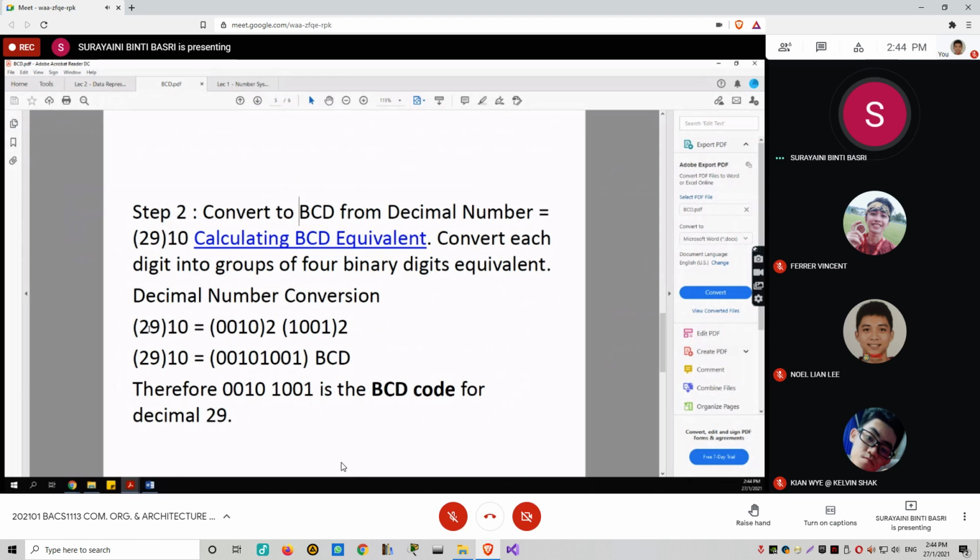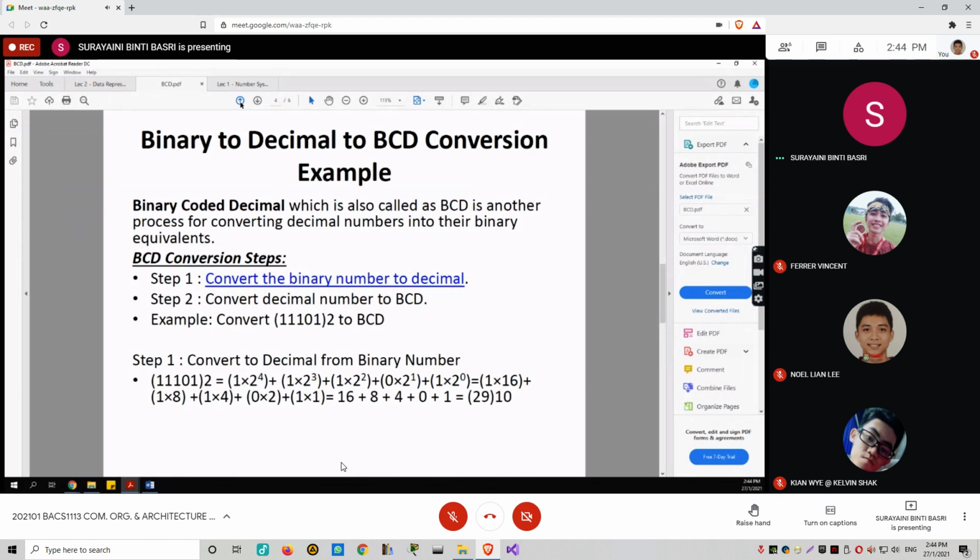So 29 is equal to 0111 for 9, because 9 is equal to 0111, and then 2 is equal to 0010. Okay, so the answer is this one. So this is the BCD for this one.